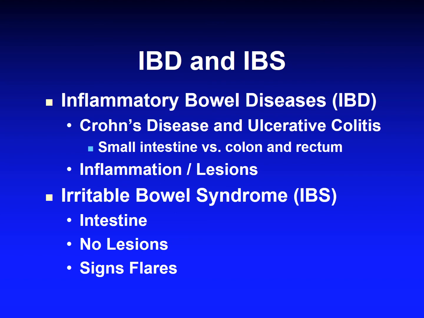So in that aspect, it is similar to Crohn's disease and ulcerative colitis, but there are no lesions, and the signs which we've talked about before, like the diarrhea, abdominal pain, sometimes constipation, all of these signs flare up and down.